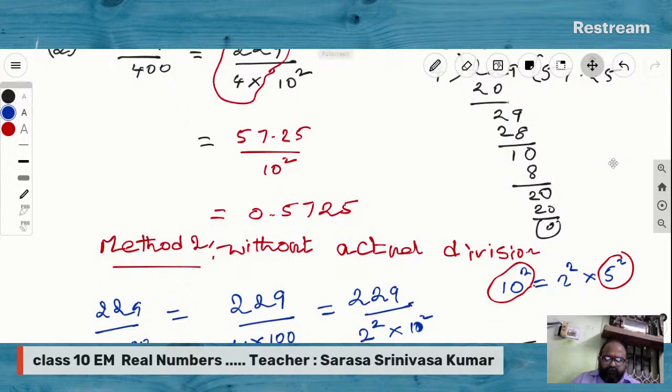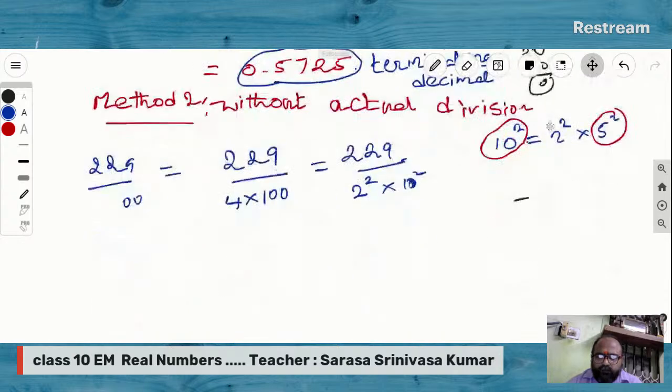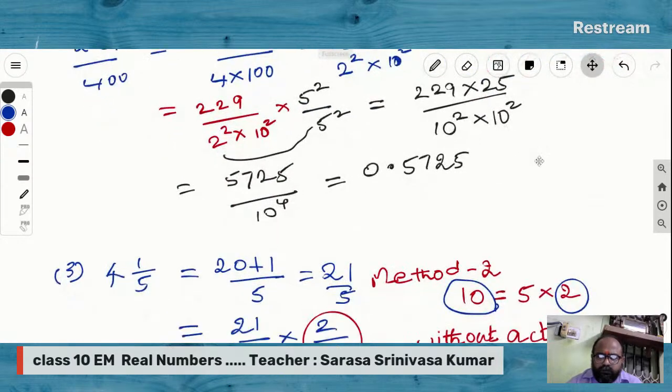And here also we must write 0.5725 terminating decimal. It is a terminating decimal. So here also we must write terminating decimal.